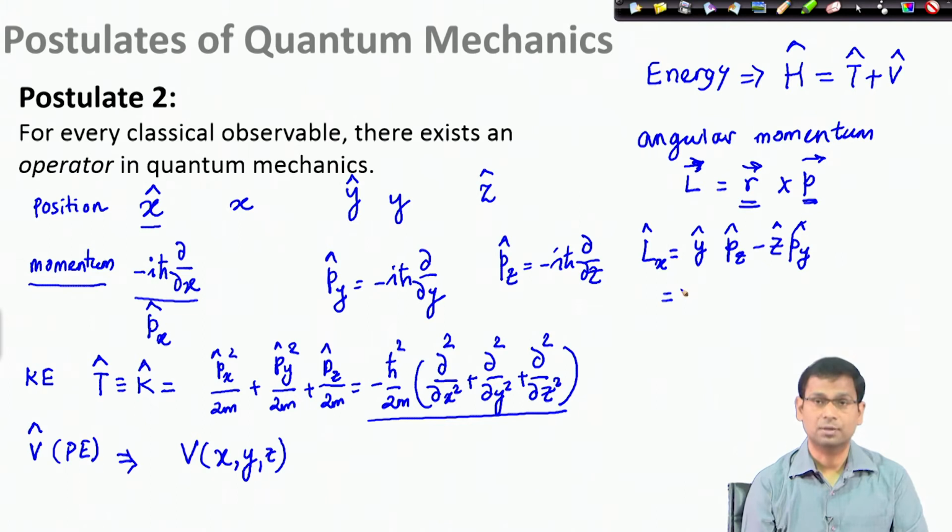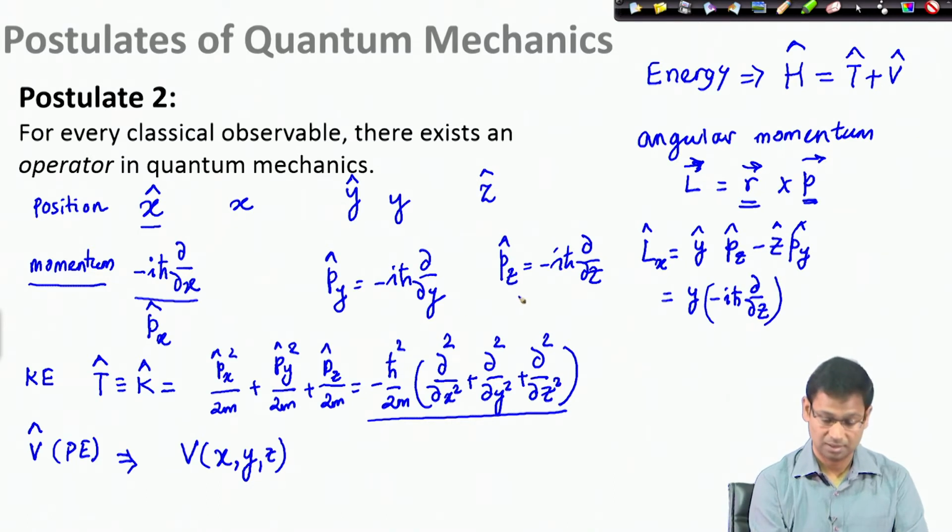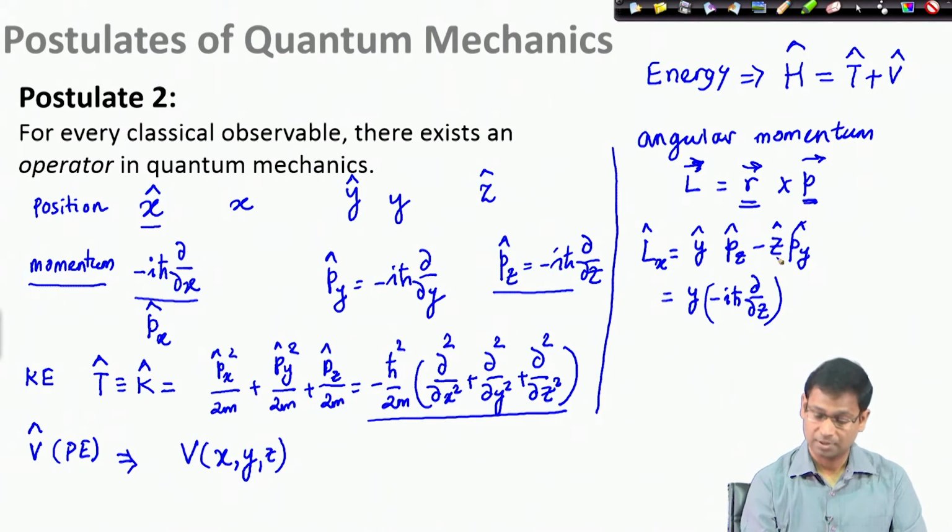And what is the action of the y operator? The action of the y operator is simply y, and what is p z? This is minus i h bar d by d z. And what is the action of the z operator? Simply multiplication by z, and what is p y?